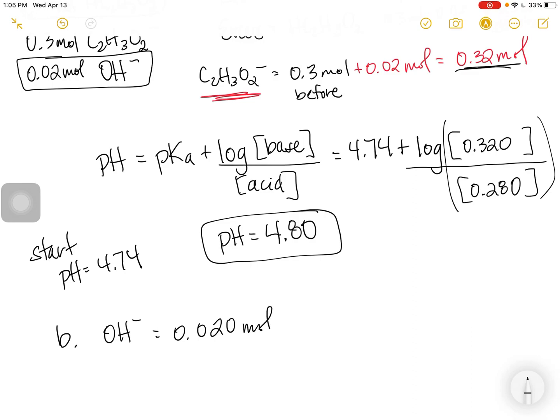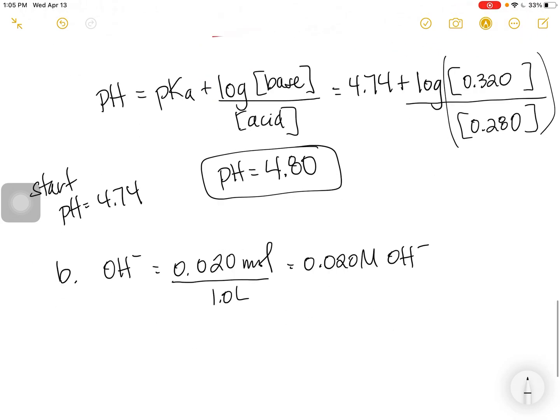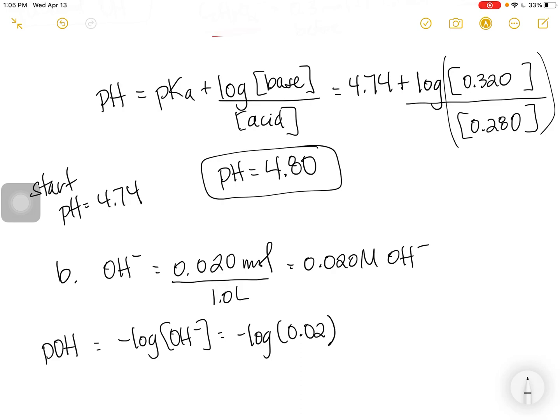And so they said my moles were 0.02, just like in my original problem. And so if I have the moles over, it was a 1 liter situation, so that's my molarity. I can take the negative log of that, and that's going to give me my pOH.